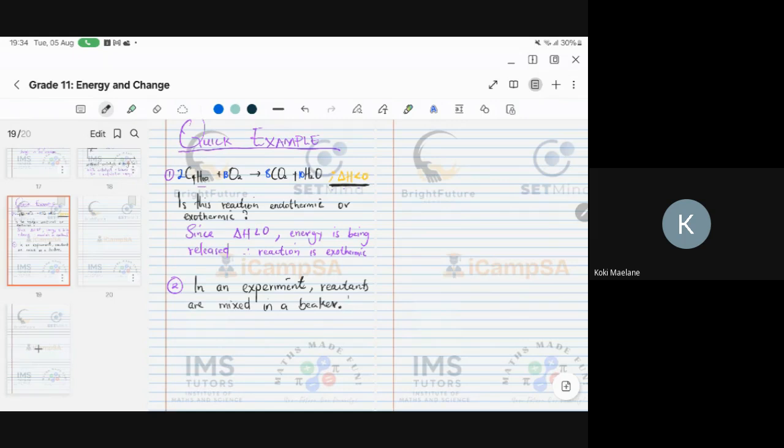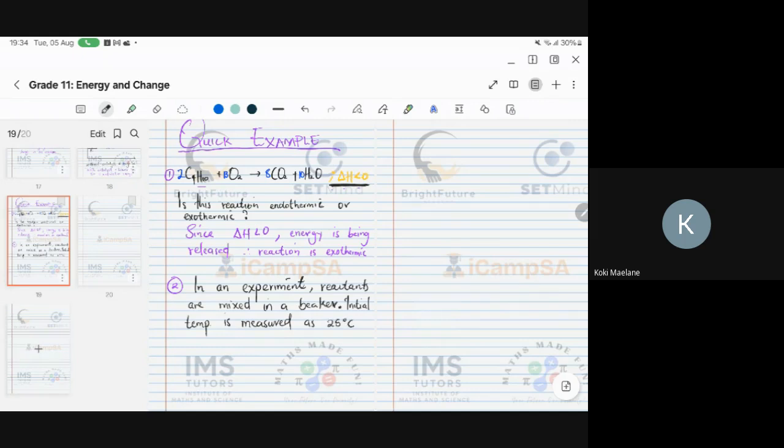And they say the initial temperature, I'm just shortening it, temp means temperature, don't be confused, is measured to be 25 degrees, right?